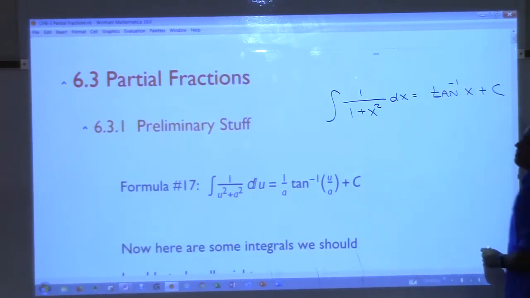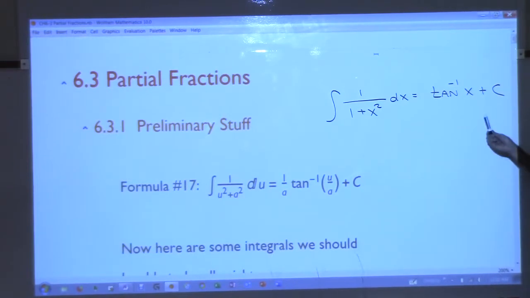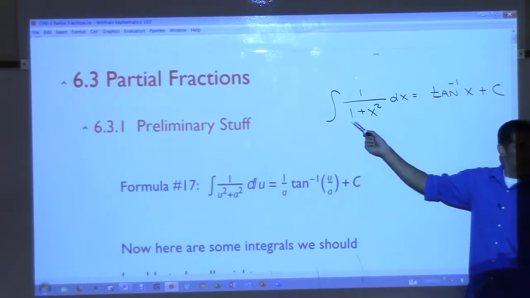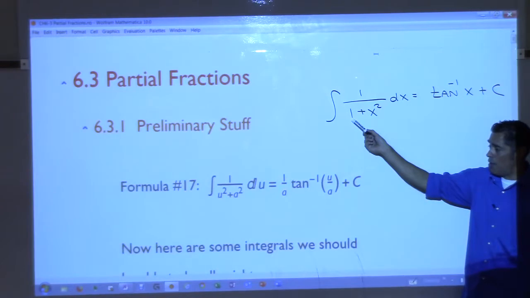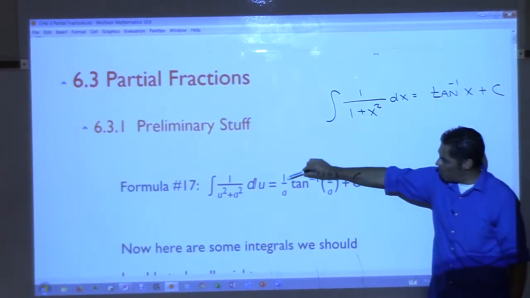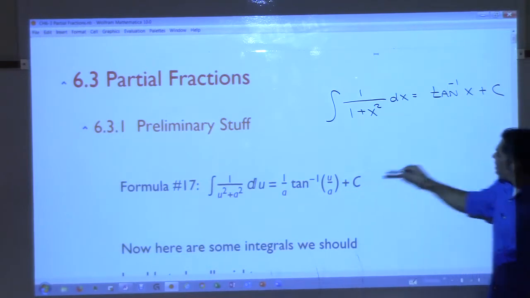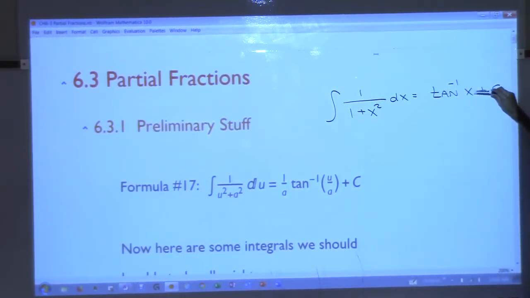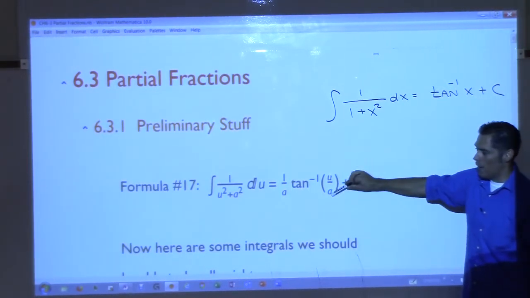That formula is the answer if this is a 1. But if this is something other than 1, the formula changes quite a little bit. In front of the arctangent, you have to put 1 over a, and then inside the arctangent, you put the variable over a.